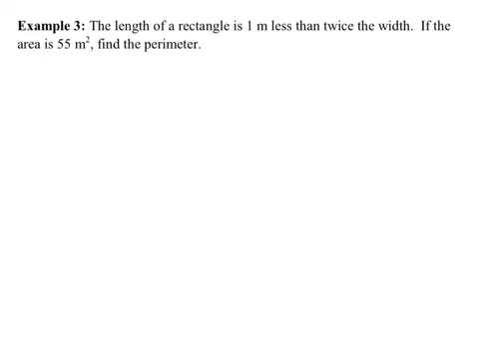Let L equal length and W equal width. Okay, now based on the first sentence, I'm sorry, I should have said give me an equation. Give me an equation based on the first sentence now, Francis. So it's L equals 1 minus 2W.